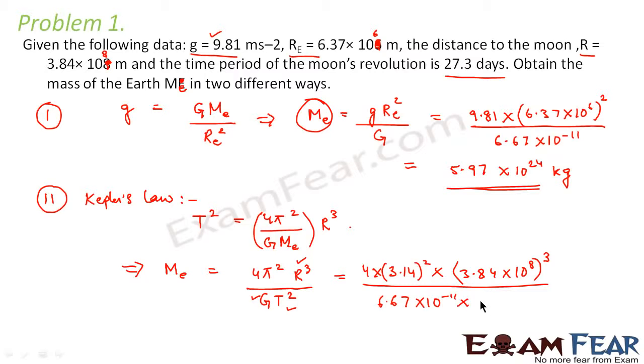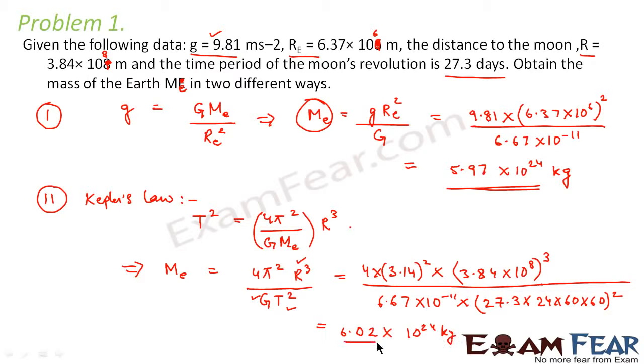Me, that is mass of the earth, is something which we are evaluating, right? So T is 27.3 days. So 27.3 into 24 into 60 into 60. So this is in seconds. So this square. Now you calculate this value. The mass of the earth comes out to be 6.02 into 10 to the power 24 kgs.